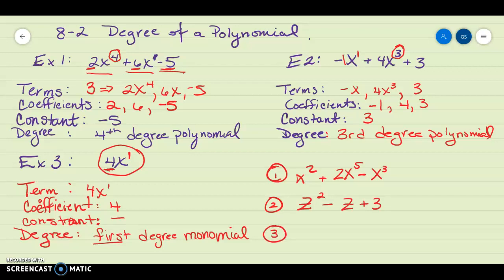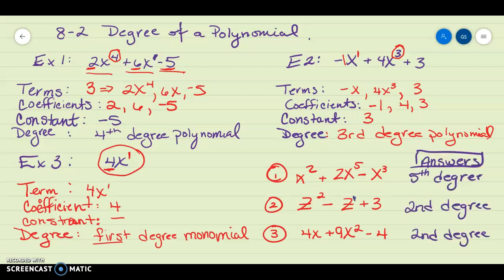And the third one I'm going to give you is 4x plus 9x to the 2nd minus 4. So for each of these, you're going to name the degree of the polynomial. So hit pause, work these out, and then come back.